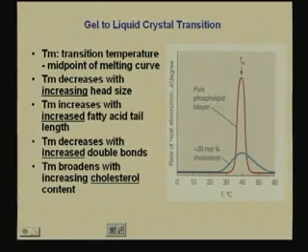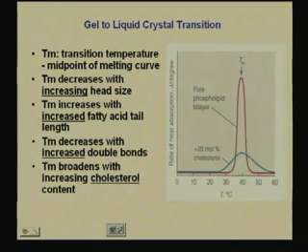We are looking at a phospholipid bilayer, and we are looking at the transition from an ordered state to a disordered state. We know that the lipid bilayer is comprised of different lipids, phospholipids, and there are different properties of these lipids associated with different types of polar head groups and different types of fatty acid chains.